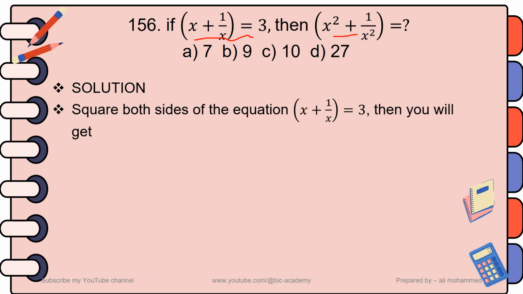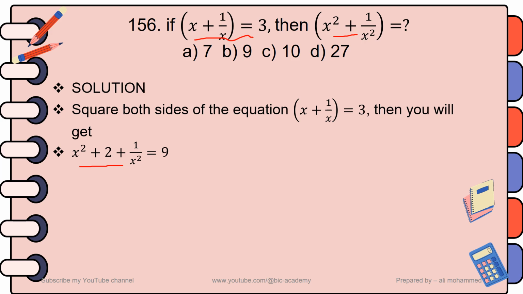Then you have the equation x plus 1 over x, which is equal to 3. Then square both sides of this equation. Then when you square it, you get: squaring x plus 1 over x means x plus 1 over x times by x plus 1 over x. Then you get x squared plus 2 plus 1 over x squared, which is equal to 9.